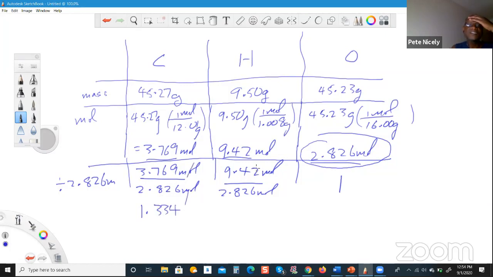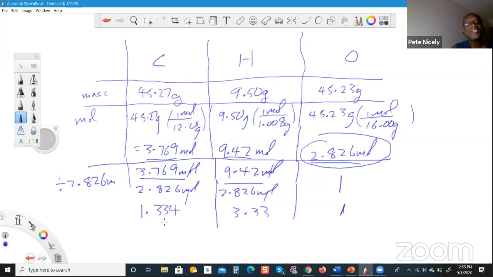The mole units will cancel out here and here. Divide 9.42 by 2.826. And according to my calculations, when rounded off to 3 sig figs, that would be 3.33. And again, this would still be 1.